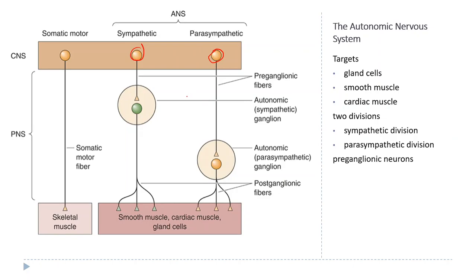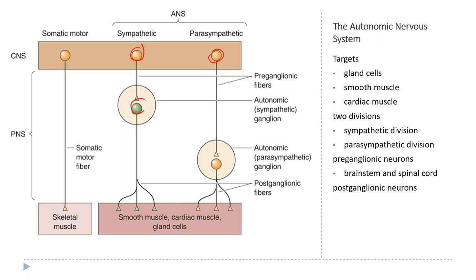So when we talk about preganglionic, we just mean those neurons that are in the brain and spinal cord that then synapse with neurons in the autonomic ganglia. And so they're both, again, in the brain and spinal cord, different parts of the brain and spinal cord, as we'll see in a minute. But then the neurons that they communicate with are called the postganglionic neurons.